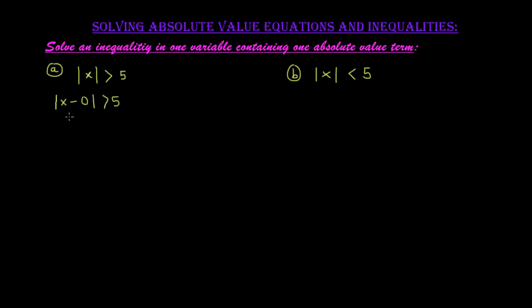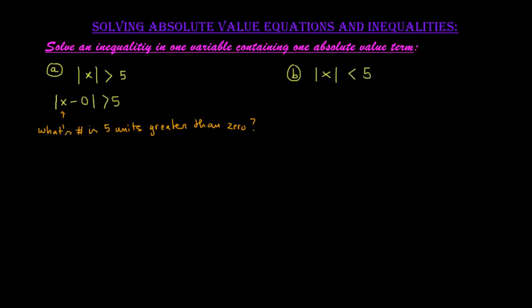By rewriting this way, we have the problem written as: what number is 5 units greater than 0? So what number is 5 units greater than 0?